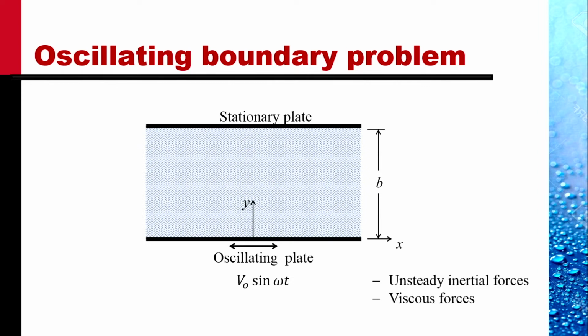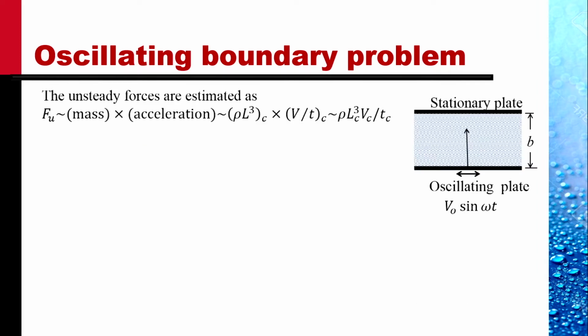In such a flow, the forces of interest are the unsteady inertial forces and the viscous forces. Let's estimate those forces. The unsteady forces are estimated as mass times acceleration, and the mass is rho Lc cubed, the characteristic length cubed, times the acceleration Vc by Tc, so this gives rho Lc cubed Vc by Tc, where Tc is a characteristic time, Vc is a characteristic velocity, and Lc is a characteristic length.